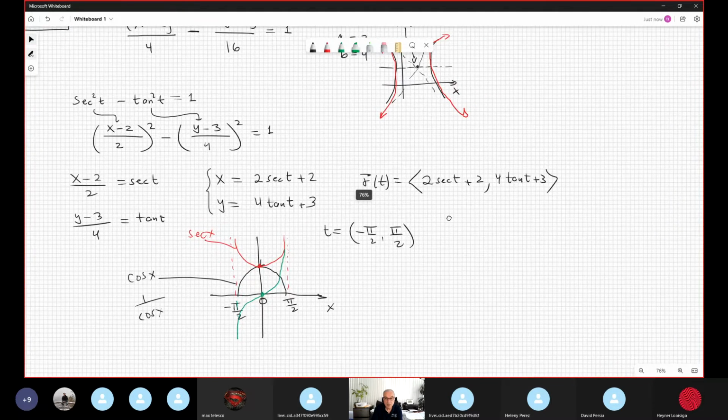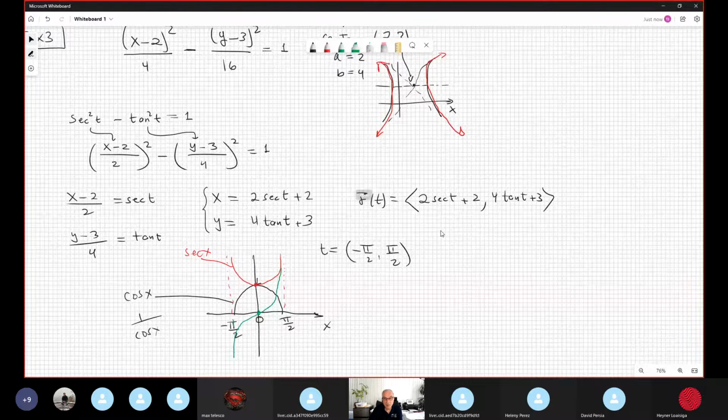This interval covers any branch of the hyperbola, which can go to positive infinity or negative infinity, no? Guys, the fantastic way to see that in GeoGebra, I want to show you now, is using one function that we studied before, which is curve.